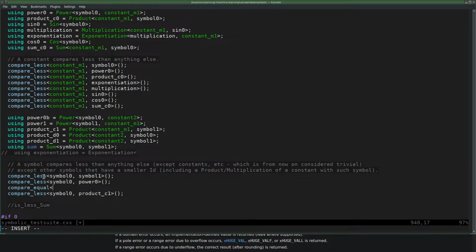Should I test that two equal symbols test equal? Probably. Let me do that first then. Symbol twice the same symbol compare equal, obviously. But the symbol 0 also tests equal with a product of a constant times symbol 0, I think. Yeah.